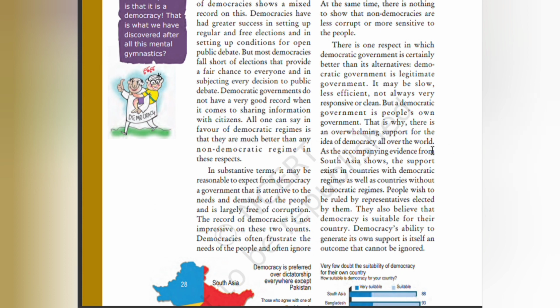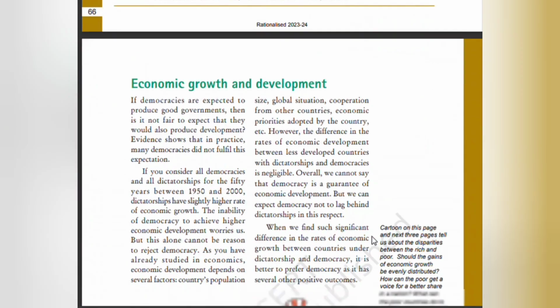As the accompanying evidence from South Asia shows, the support exists in countries with democratic regimes as well as countries without democratic regimes. People wish to be ruled by representatives elected by them. They also believe that democracy is suitable for their country. Democracy's ability to generate its own support is itself an outcome that cannot be ignored.